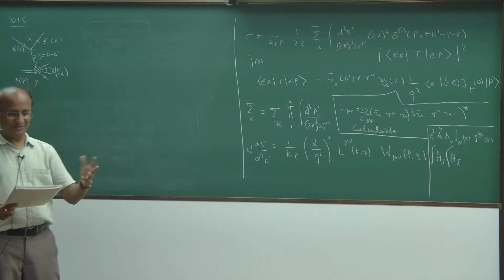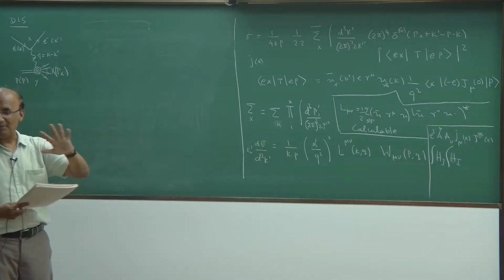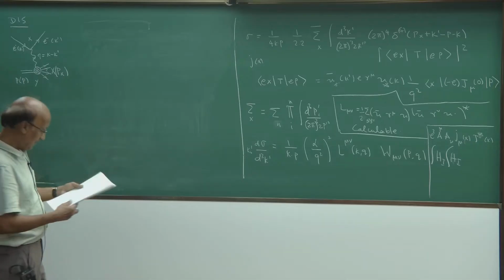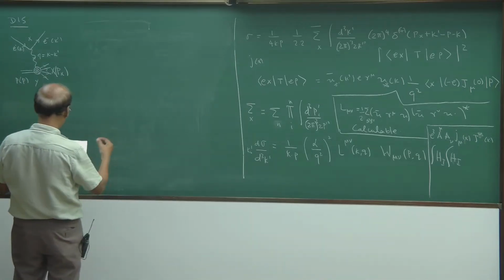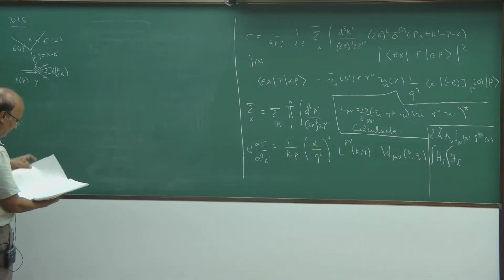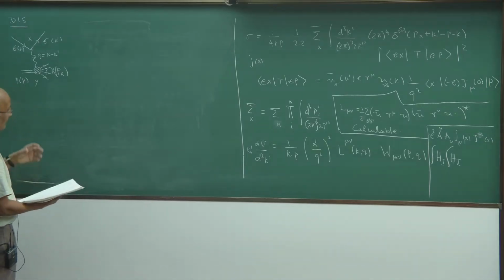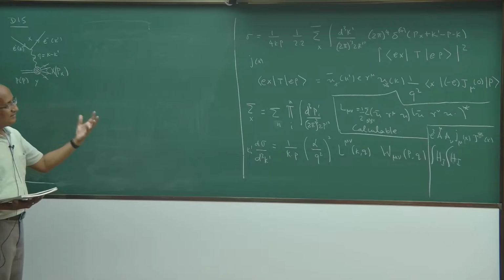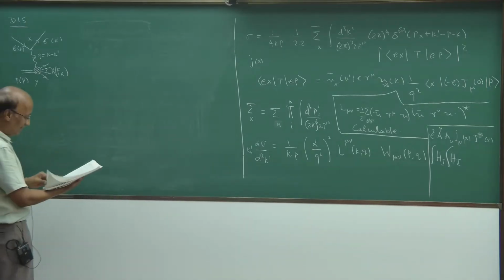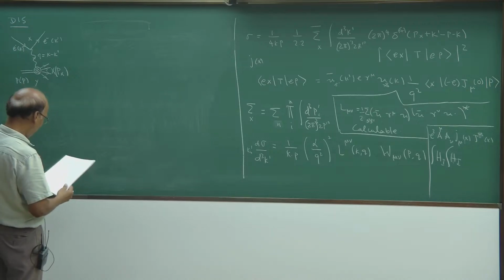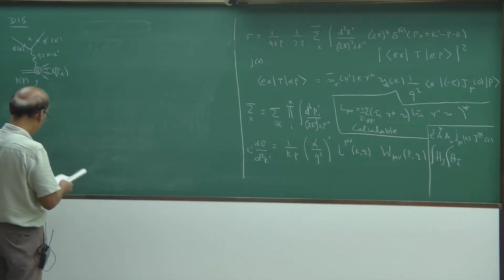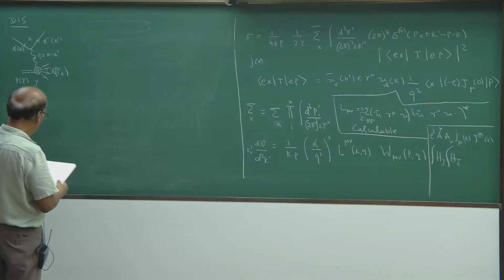I will not tell you what those sum rules are, because those are a topic by itself, but there was tremendous progress, and that led to what is called scaling, and that was the beginning of strong interaction physics. This is an era of strong interaction physics, I would say, thanks to Bjorken. With this story apart, let us proceed.